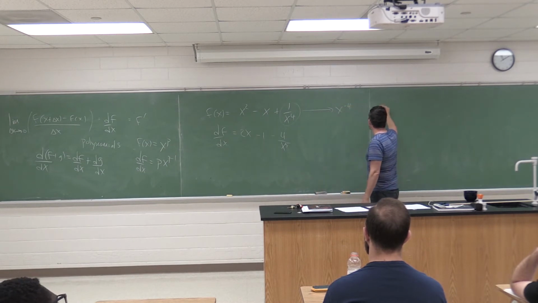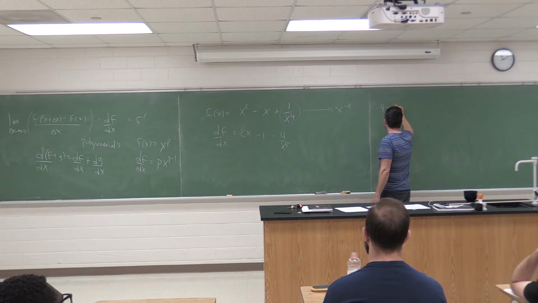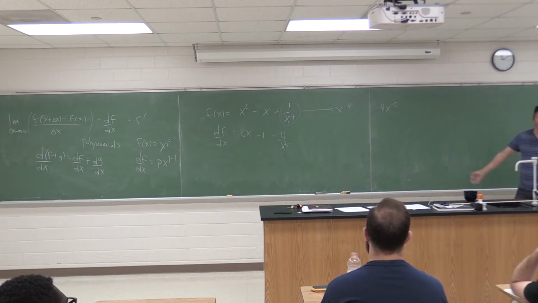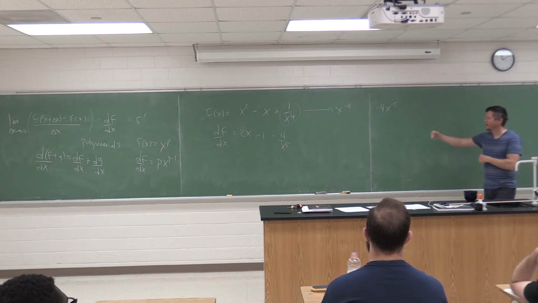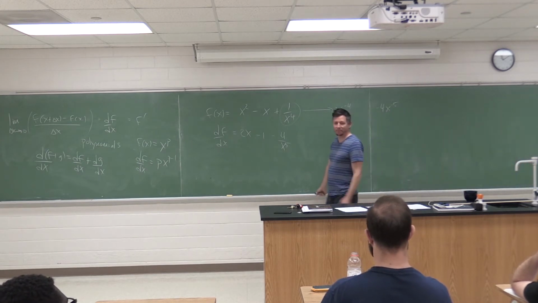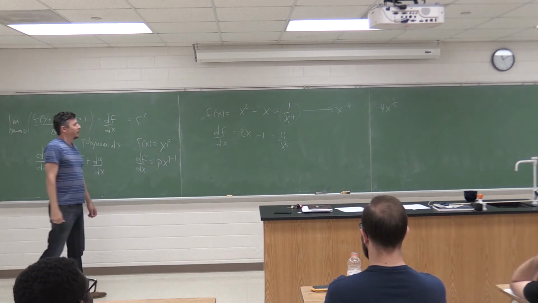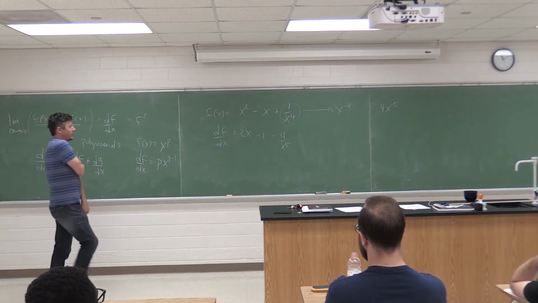So its derivative is minus 4x to the minus 5. These are the ones that, in years of teaching this, sometimes you add instead of subtract. That's right. Good. Perfect.